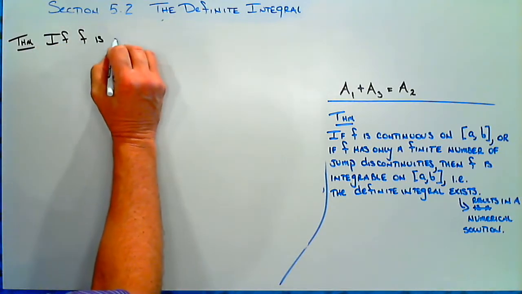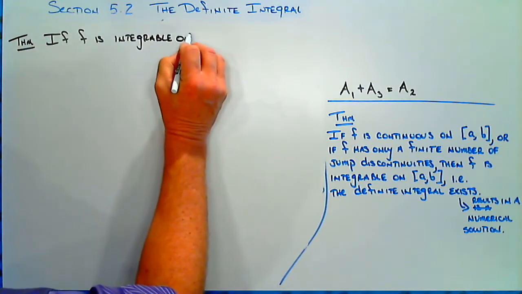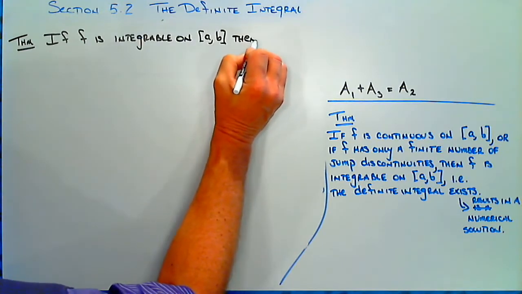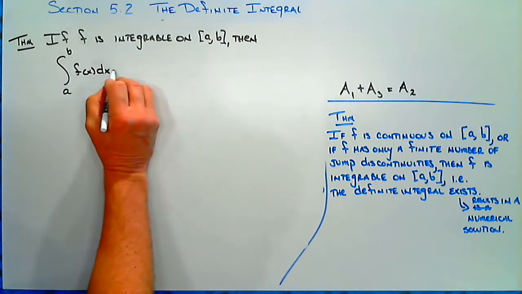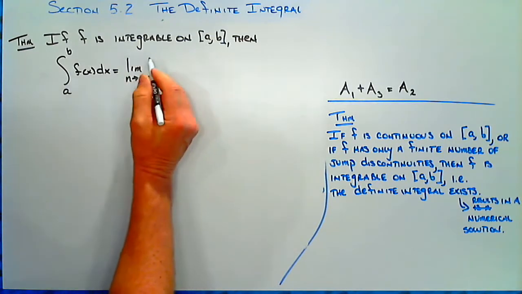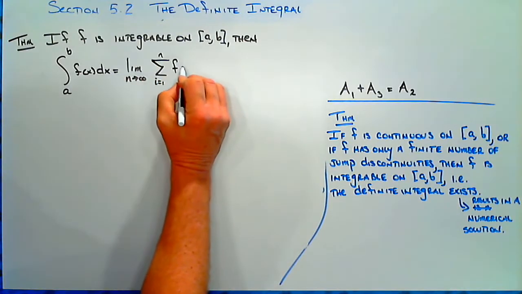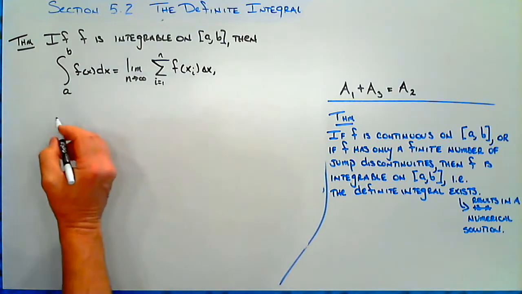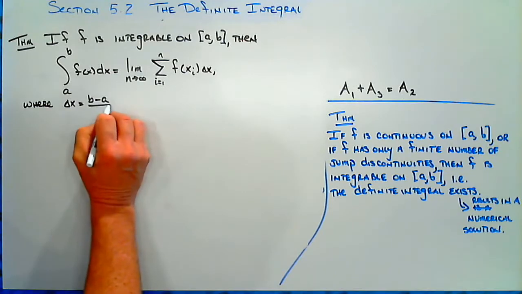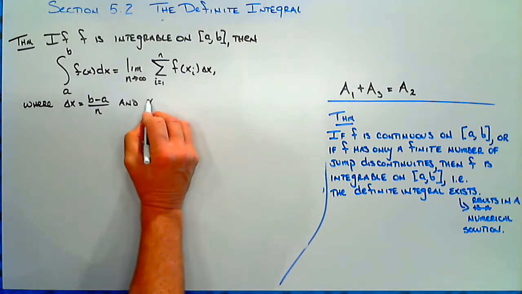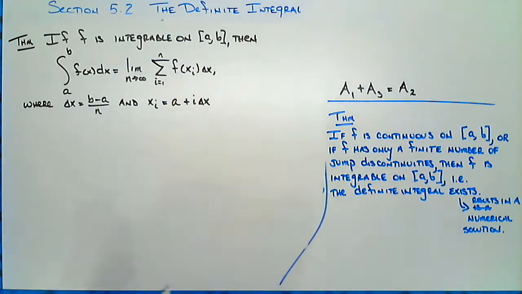If f is integrable on A to B, then the integral from A to B of f of x dx can be found by taking the limit as n goes to infinity of the sum i equals 1 to n of f of x sub i delta x, where delta x is our width and x sub i equals a plus i delta x's. Just write that down. I'll make it all make sense.